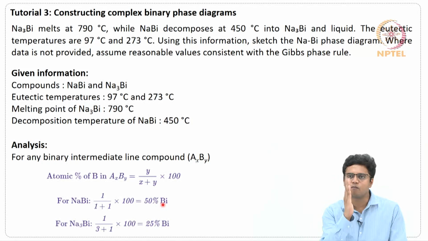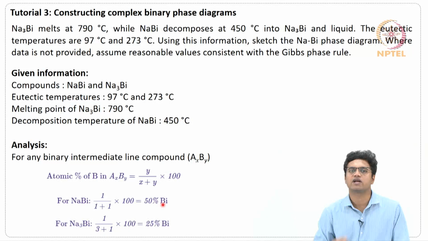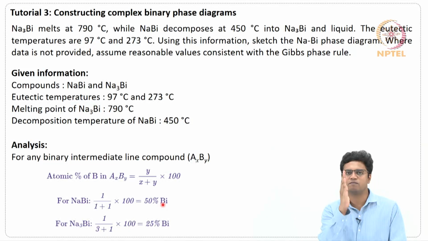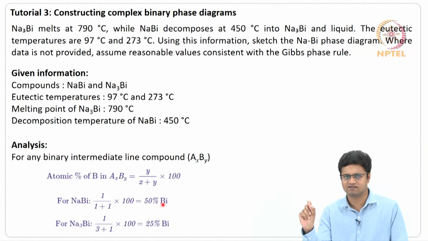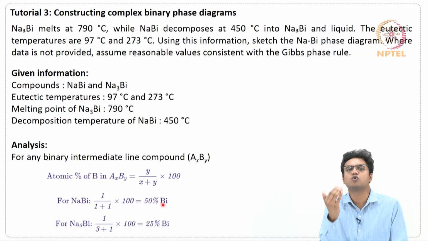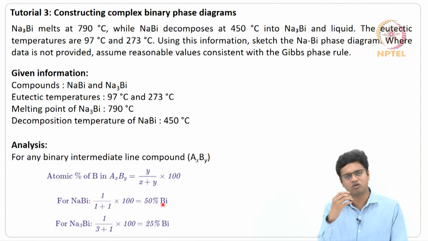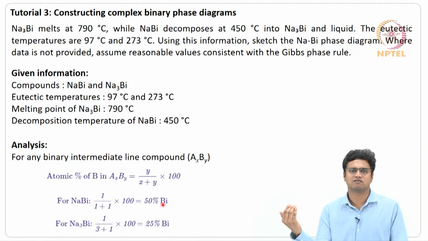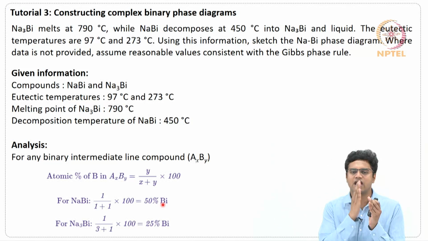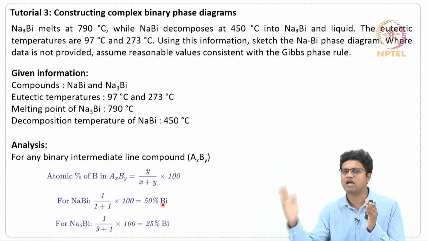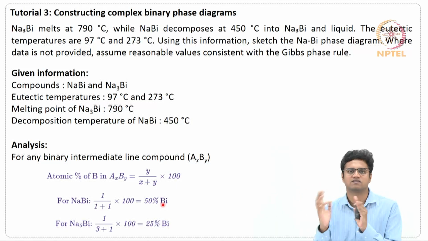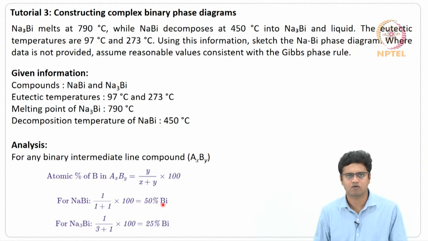So where is this compound located? It is located midway, at 50% Bi. If I draw the Bi axis, I can also draw the Na axis. It is not a hard and fast rule that you should always draw the Bi axis. You can draw Na on the left axis and Bi on the right axis, or vice versa, depending on convenience.